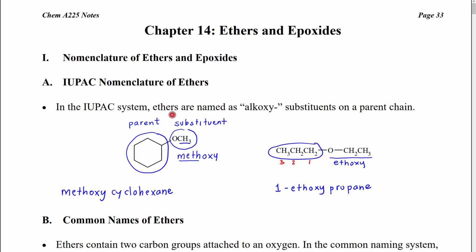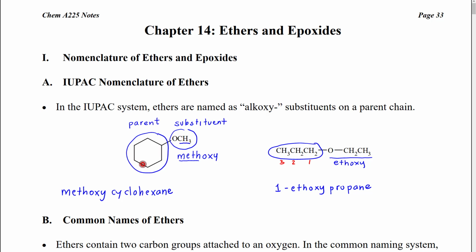The substituents are named according to the methyl group of the smaller carbon chain that would be not the parent, and then adding the ending oxy. Here's a couple of examples. If we look at this molecule, it has a 6-carbon cyclohexane ring, then an oxygen, and then a 1-carbon methyl group.